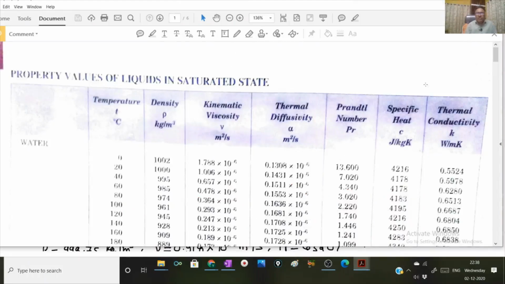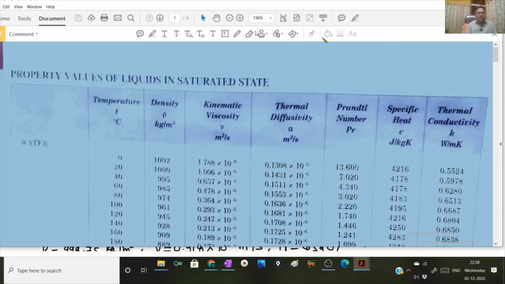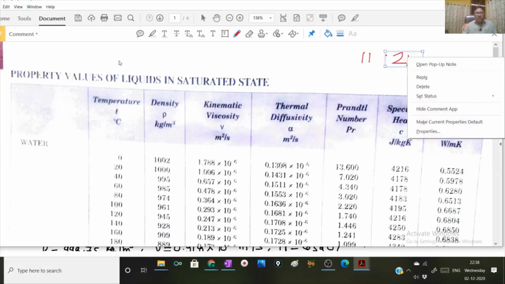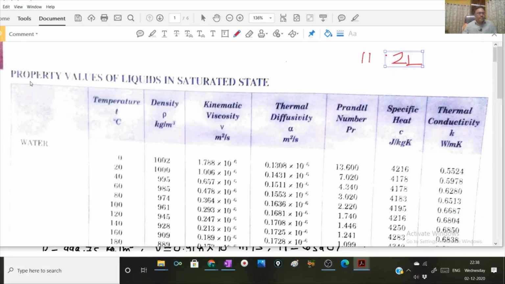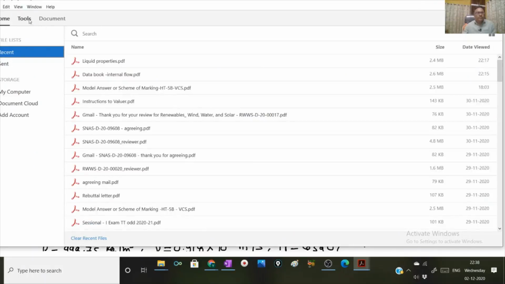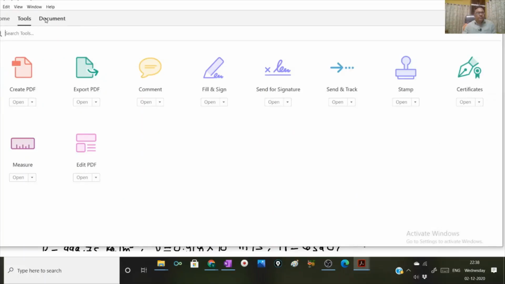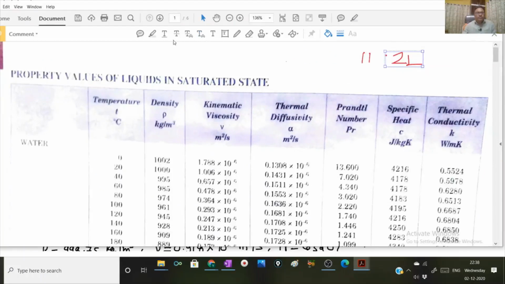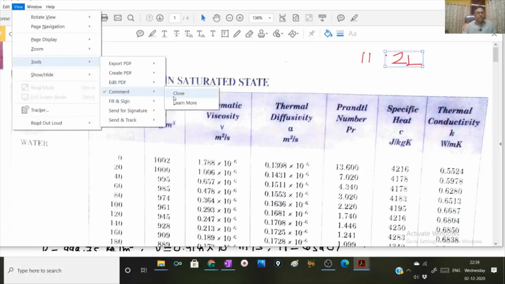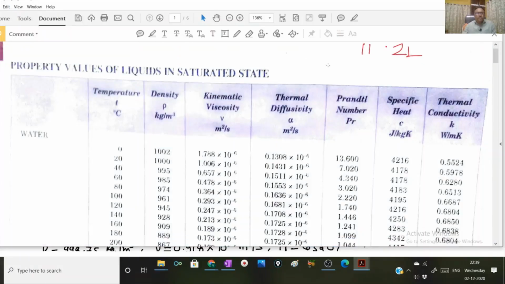Here, we need to find the thermophysical properties of water at 25 degrees Celsius.